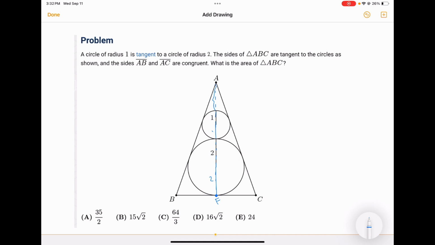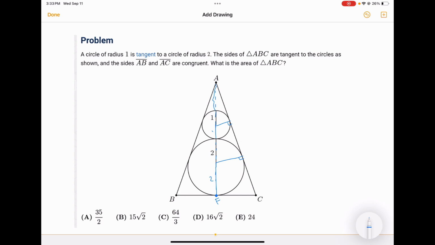So we can start off by drawing a perpendicular line from the center of these circles to AC, and these form right angles. Basically, I'm trying to make similar triangles so we can use proportions.